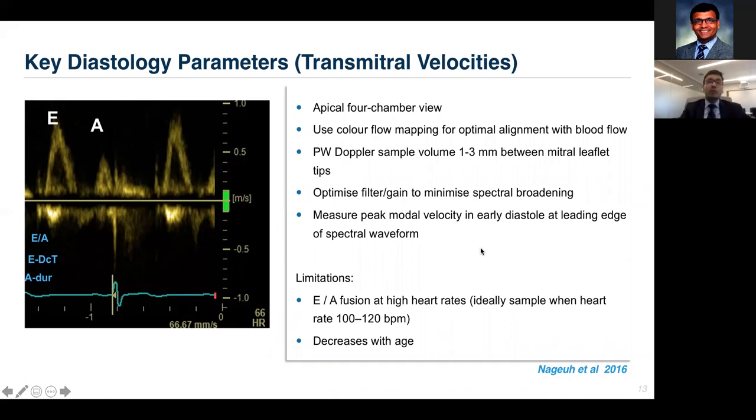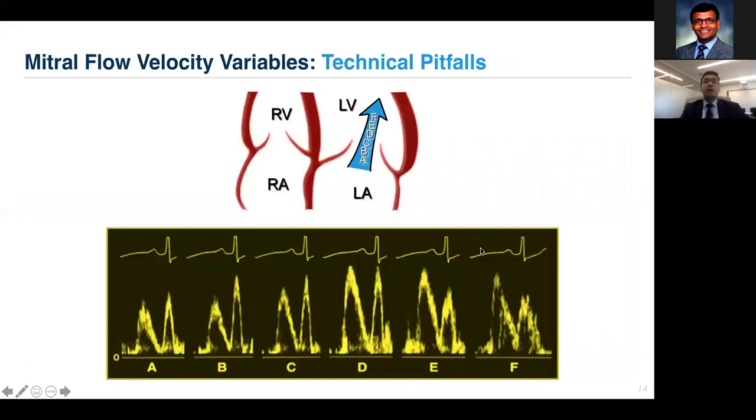It's also important to understand that transmitral flow velocities can change in their appearance based upon where they are sampled from. If you have the position into the left atrial side versus more towards the ventricle side, and you're not at the tips of the mitral leaflet, you can get a feature that may look as if there's a dysfunction.